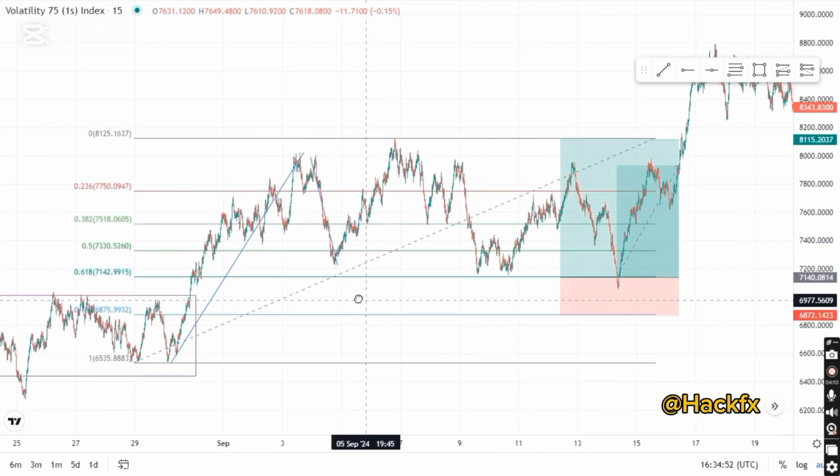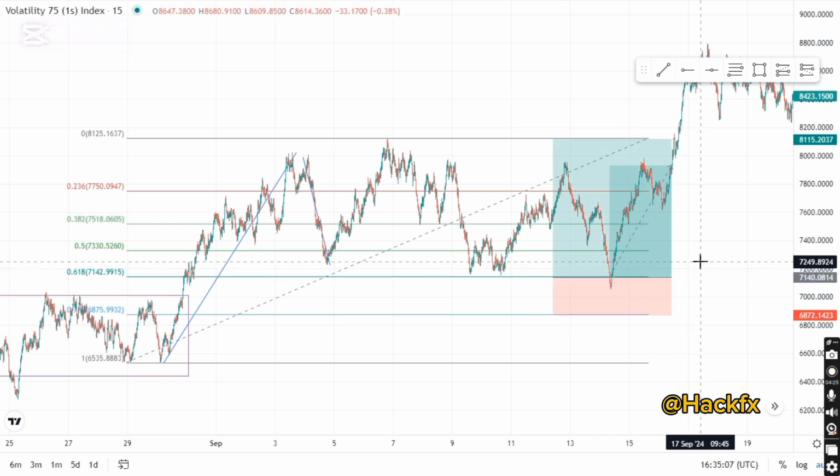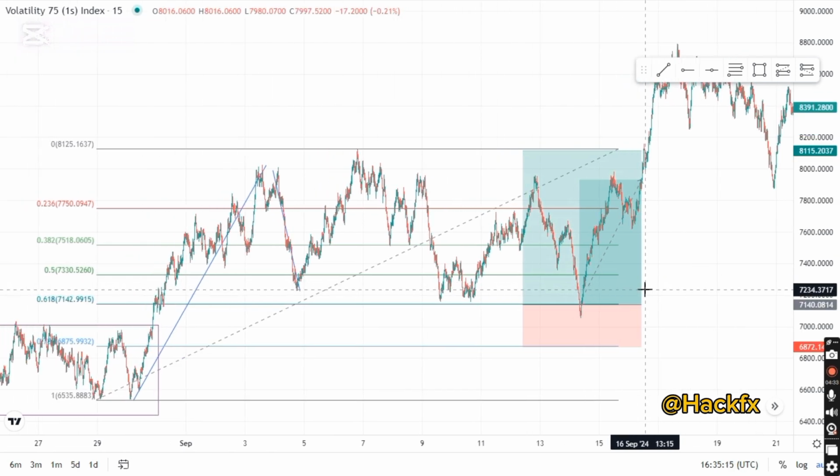But for now, this is just a simple and honest trade. You take your TP1 at the previous high, which will give you something about 1:3.64 risk to reward ratio, which is not bad. This is very fair for a good trade. 1:3 point something, 1:4 is not a bad trade.